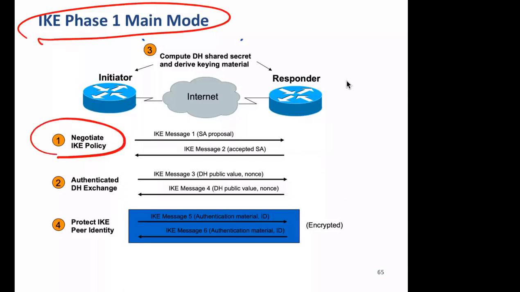First thing is that in phase one, we have the IKE policy. Basically, this will say what kind of encryption mechanisms we are going to use. So basically, it's an interaction of crypto.